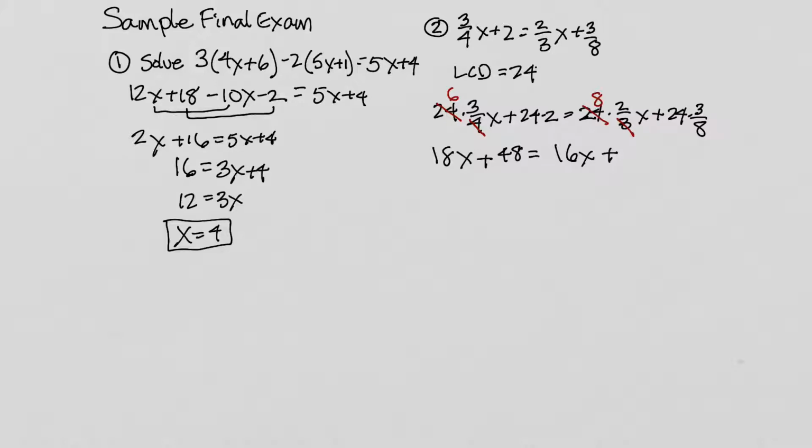Then we're going to have this 8 dividing into 24 3 times, and that will give us 3 times 3, which is 9.